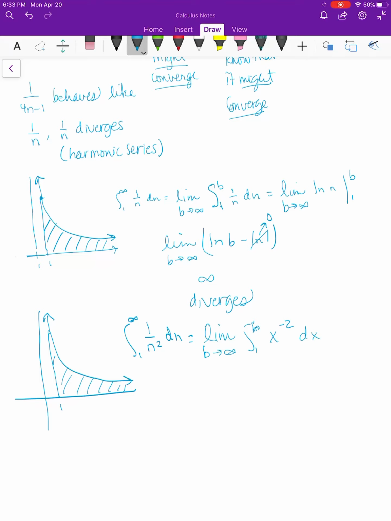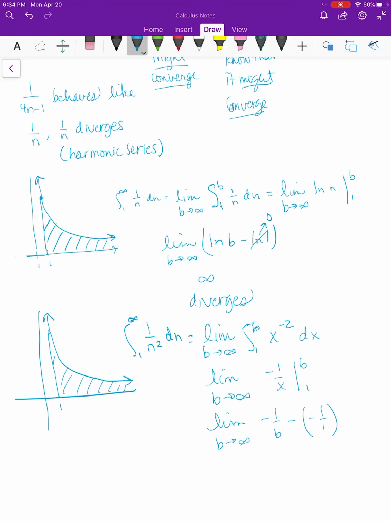We're looking at the area under the curve, only this time when we integrate, you can change that to x. In fact, I like to make it x. 1 over n, 1 over x is okay. 1 over n squared, 1 over x squared, okay. So that could have been x up here too.